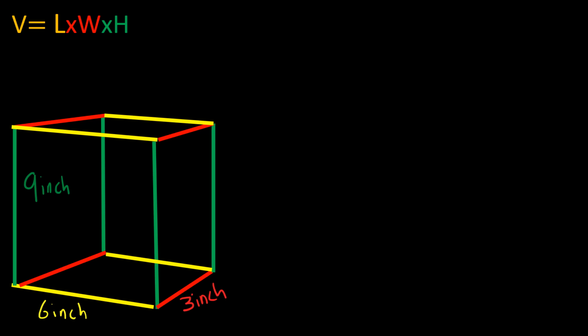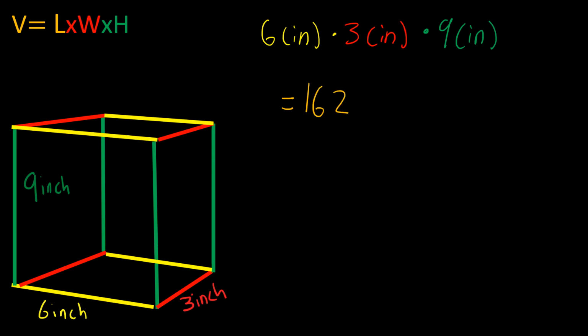Our length is 6 inches, multiplied by our width, 3 inches, multiplied by the height, 9 inches. 6 times 3 is 18, and 18 times 9 is 162. So the answer to this problem is 162 inches cubed.